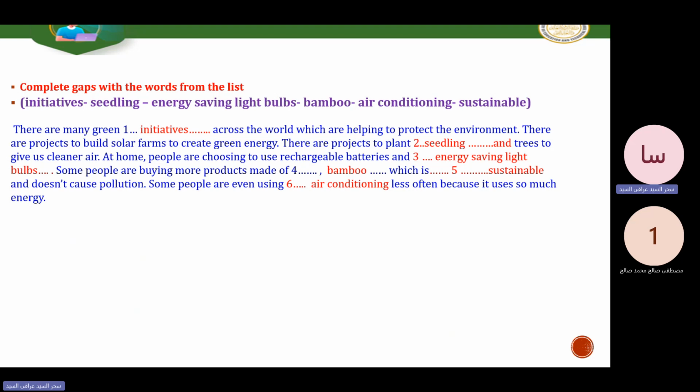At home, people are choosing to use rechargeable batteries and energy-saving light bulbs. Some people are buying more products made of bamboo, which is sustainable and doesn't cause pollution. Some people are even using air conditioning less often, because it uses so much energy.